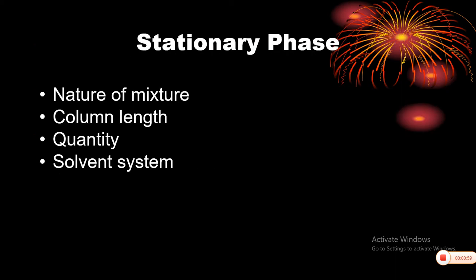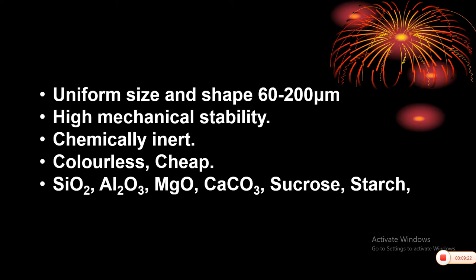Then the stationary phase is decided by considering the nature of the mixture, the column length, how much column you are using, the quantity to be analyzed in the process, and the solvent system. So these various parameters are considered during the selection of the stationary phase.